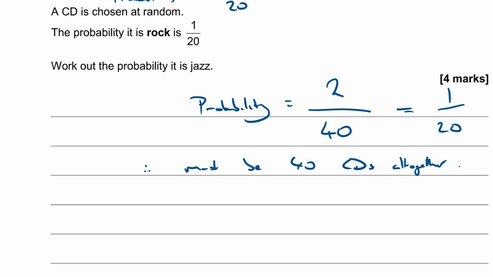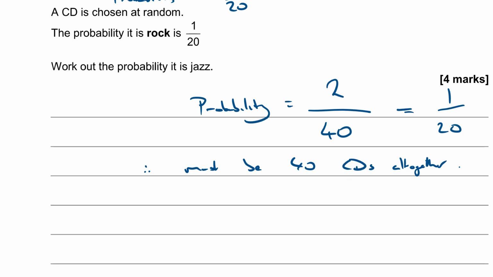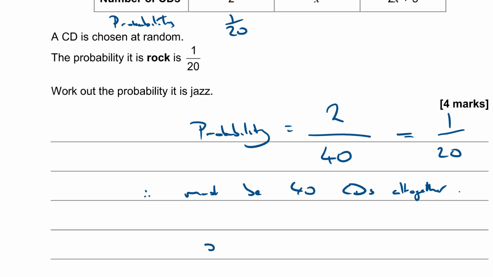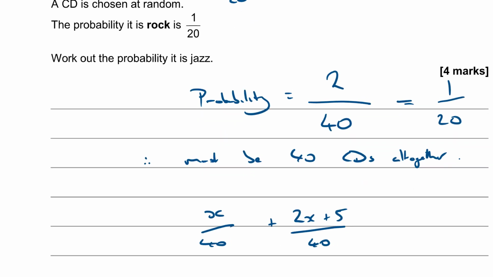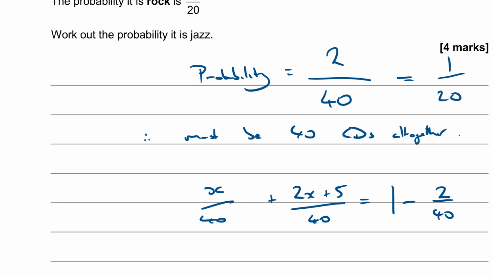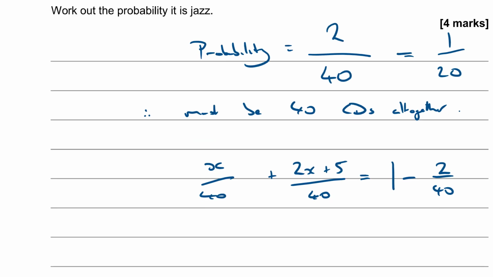We can say that x over 40 plus 2x plus 5 over 40 is going to be equal to 1 minus the probability of getting a rock CD, which we said was 2 out of 40. So 1 subtract 2 out of 40 is 38 out of 40, isn't it? So I've got x over 40 plus 2x plus 5 over 40 is equal to 38 out of 40.